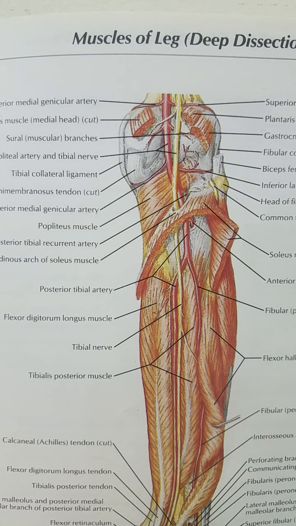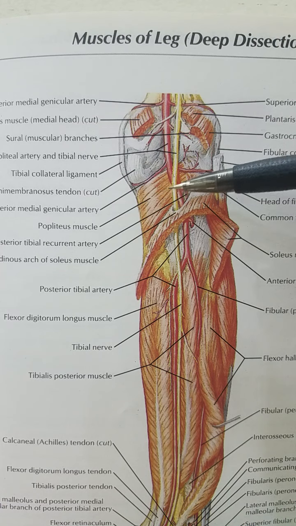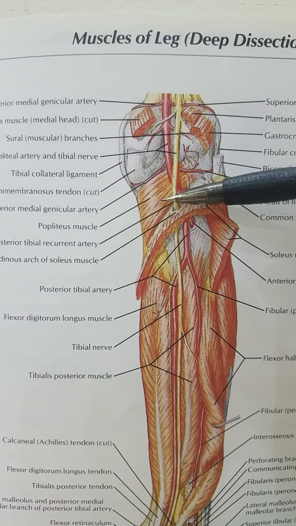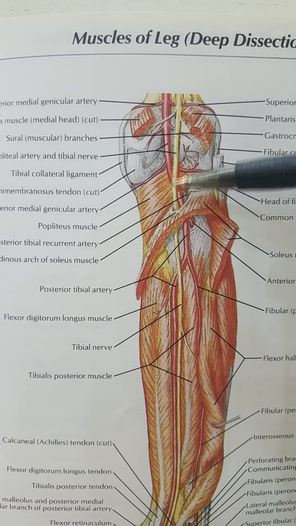Now the Popliteus muscle has quite a few actions that it brings about. The most important function, of course, is that it is responsible for unlocking of the knee joint. So when your knee is fully extended, it is locked, right?